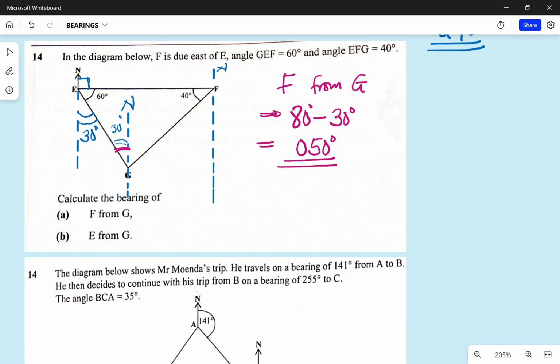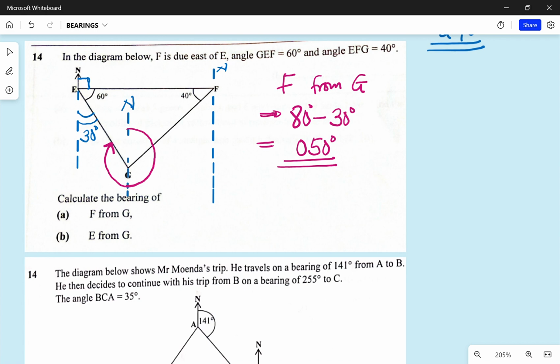E from G is the bearing from the north of G to the arm of E. We are looking at this bearing there, all the way to the arm of E, which is here. This is E from G. That is the bearing that we are looking for.